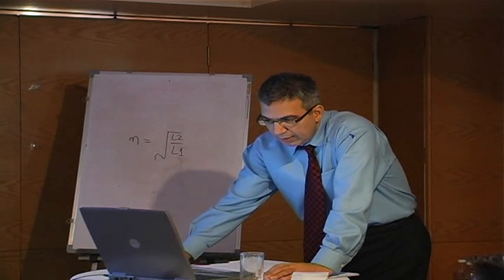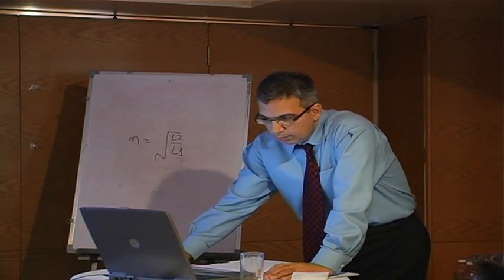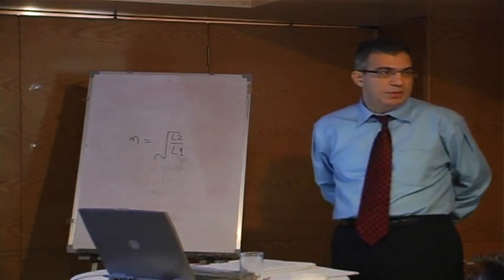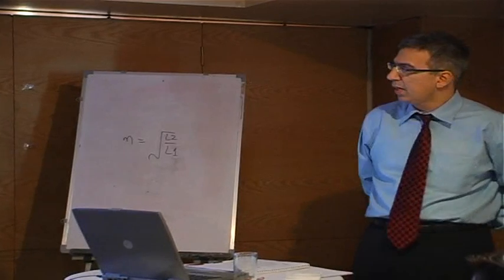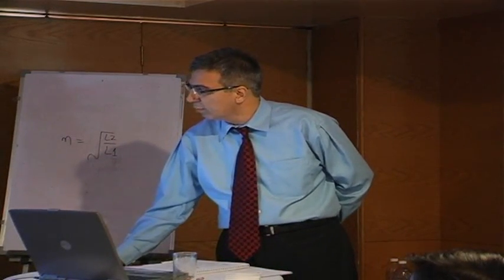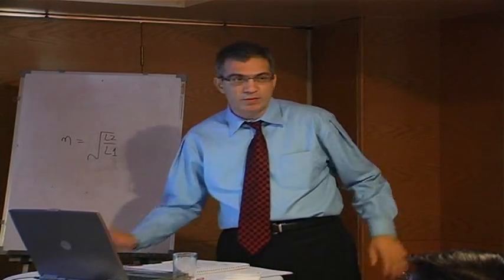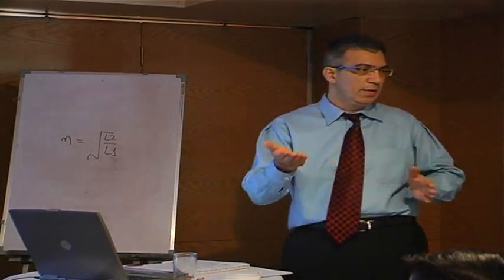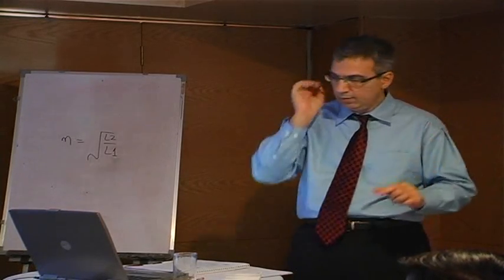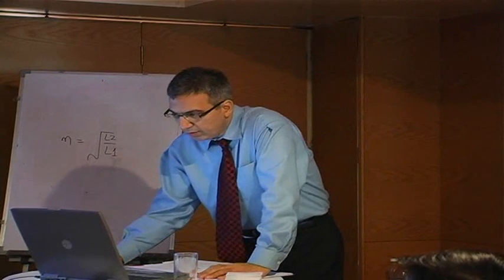This was pi by 2, now it is 3 pi by 2. This term was pi by 2, so it is now 3 pi by 2. Okay, so we have added pi to this function. As a result, the PWM is shifted by 1/2 of the switching frequency, or of the time period, right?